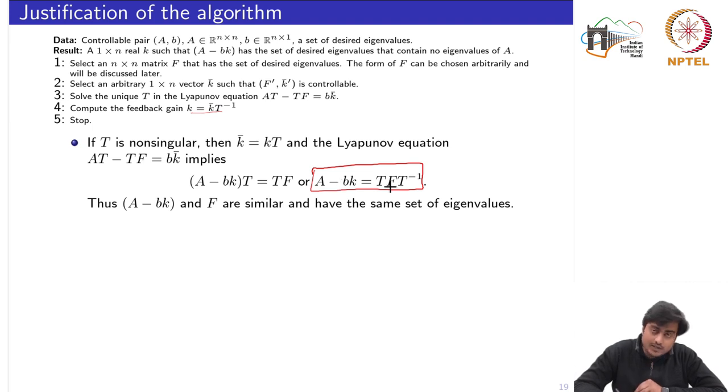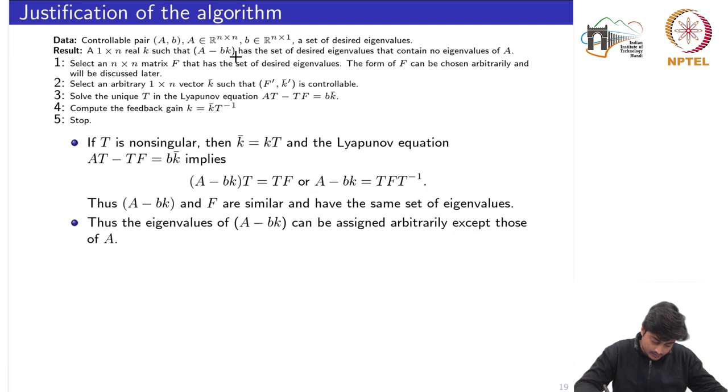So whatever eigenvalues we specify in the matrix F, they would definitely be those of the matrix A minus Bk, and this is what we expect as the result of this algorithm. Thus the eigenvalues of this matrix A minus Bk can be assigned arbitrarily except those of A as well.